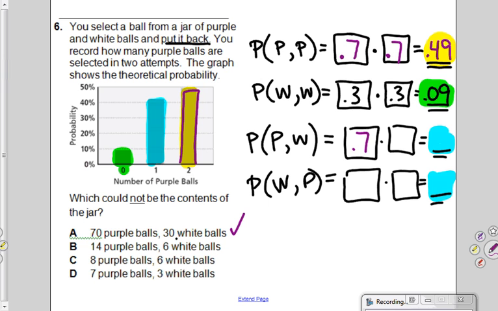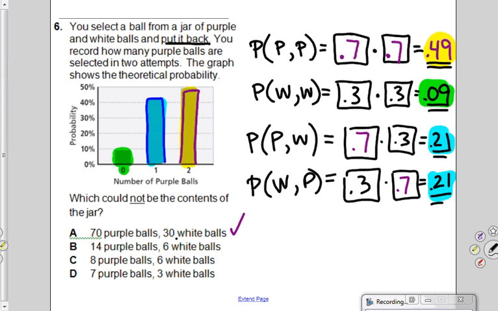Purple then white. What would you get? 0.21. What if those were reversed? 0.21 plus 0.21 is 0.42, which could be the height of this bar. Okay, we're looking pretty good for option A.